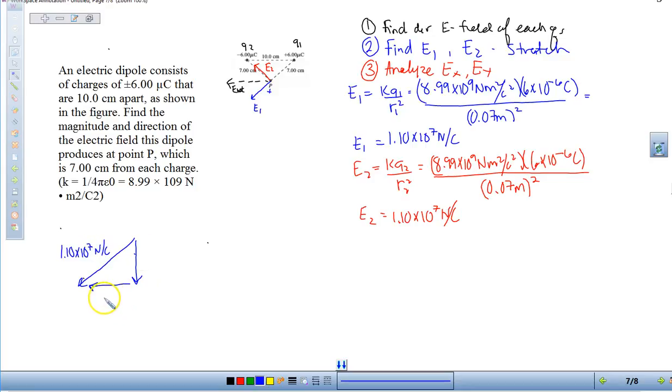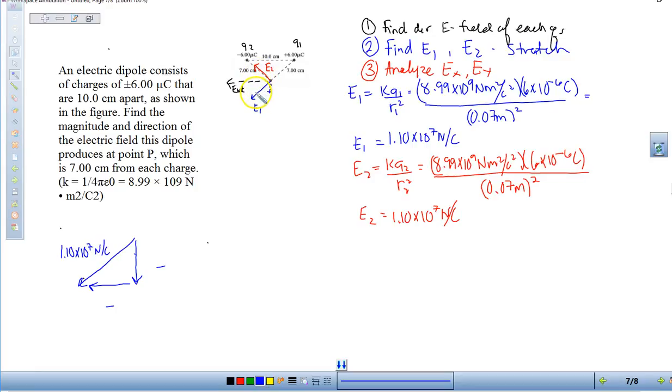Our problem is, what are this and this? Notice we don't have an angle here, so we have to figure out what this angle could be. We're going to use some geometry to figure that out, and that's where this 10 might come in handy. This angle right here is basically the flipped angle of this one, so if I know this angle, then I'll know our angle over here.